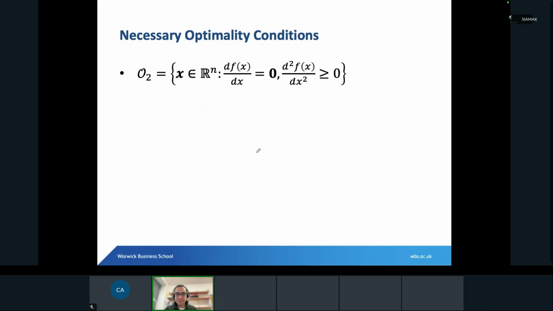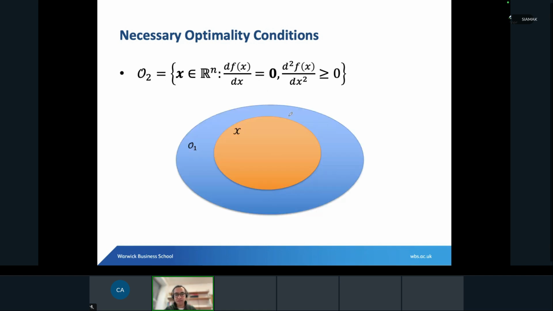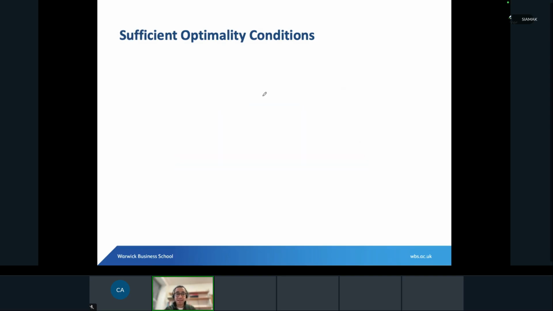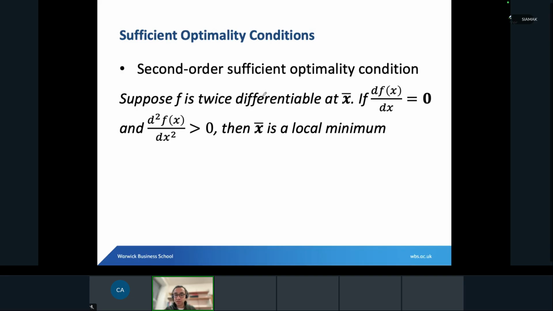Now, in the next step, we introduced O2. We said that we have these points where the first derivative is equal to 0 and the second derivative is non-negative. This is O2. O2 contains all local minima. We're looking for the global optimum here. At the next one, we have the sufficient optimality condition, where the second derivative should be strictly positive.